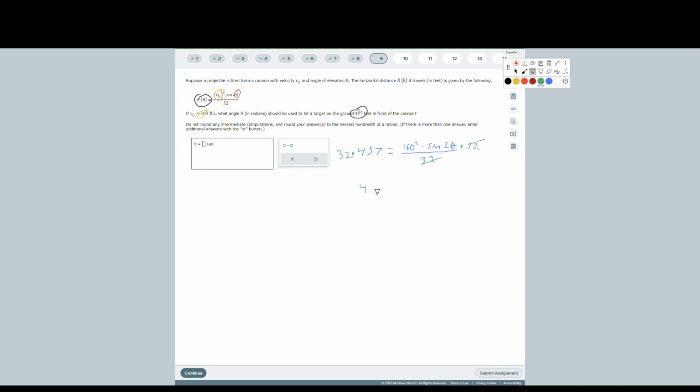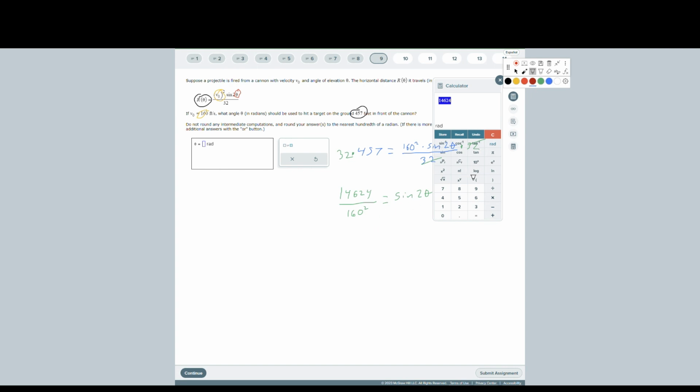This will give us 457 times 32, which is actually, let's find that out. 457 times 32 is going to be 14,624. And then, since we just have this function now, because we crossed out 32, we're going to divide both sides by 160 squared, which will give us that equals the sine of 2 theta.